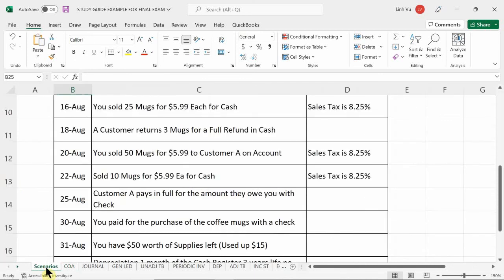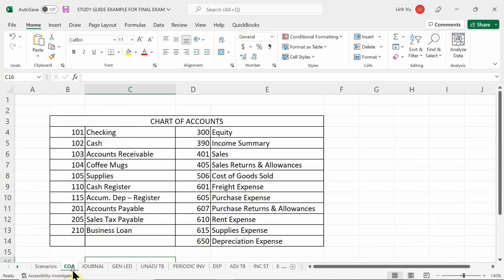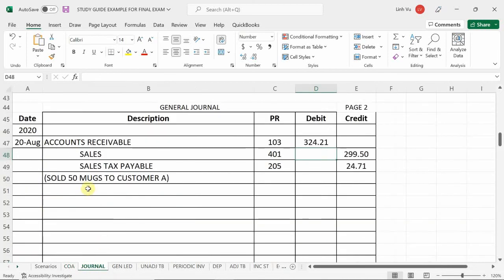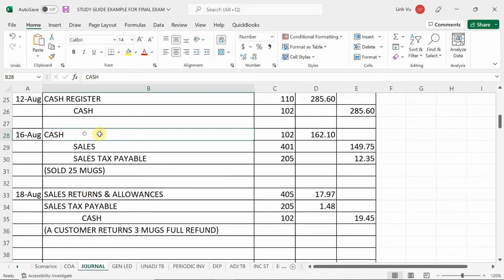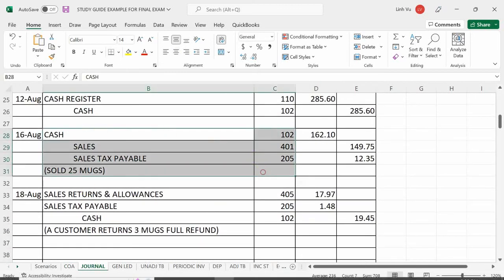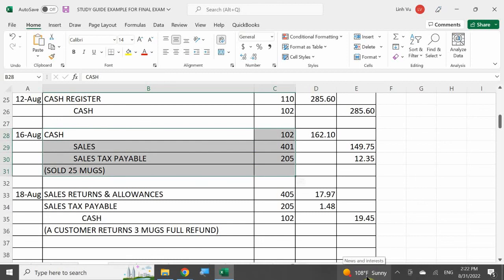So what we did was we sold 10 more mugs for cash. We also earned the cash. We made the sale, good, and then we collected sales tax.